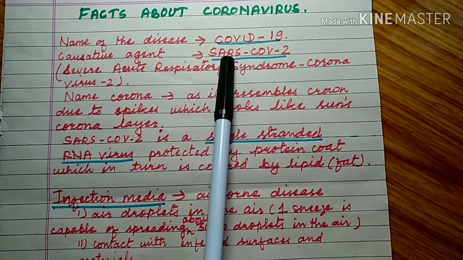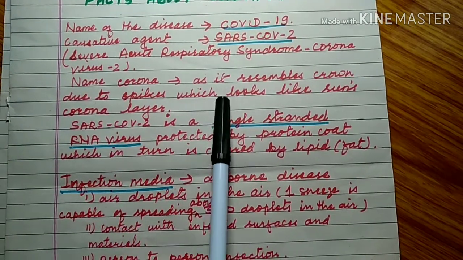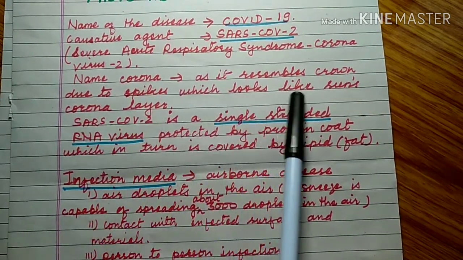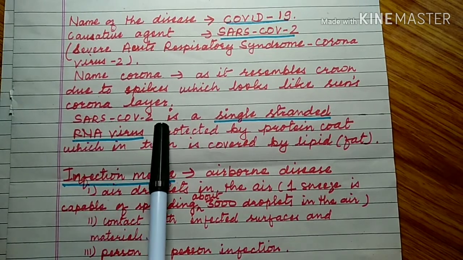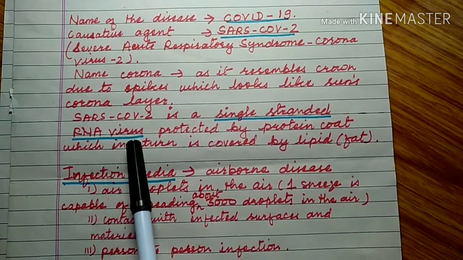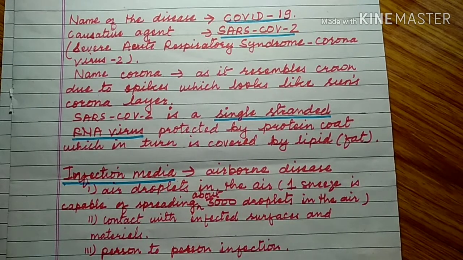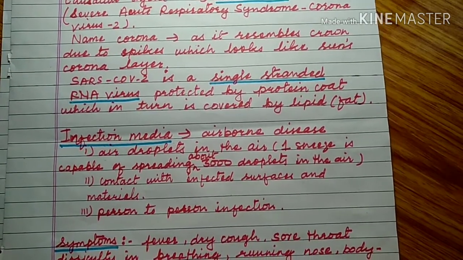The name crown is given as it resembles a crown, due to spikes which look like the sun's corona layer. SARS-CoV-2 is a single-stranded RNA virus protected by a protein coat, which in turn is covered by a bilayer lipid. Lipid is fat in simple language.